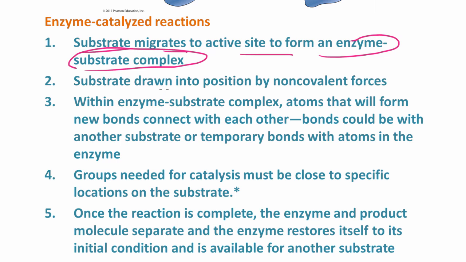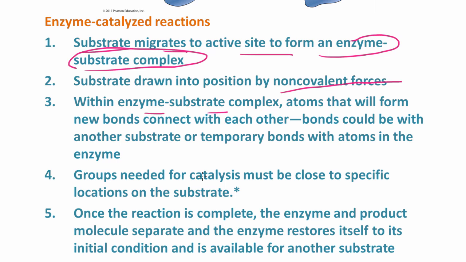So the substrate is drawn into position by non-covalent forces within that enzyme-substrate complex. Atoms that are going to form new bonds will connect with one another. Bonds could be with another substrate, or there could even be temporary bonds with atoms in the enzyme.